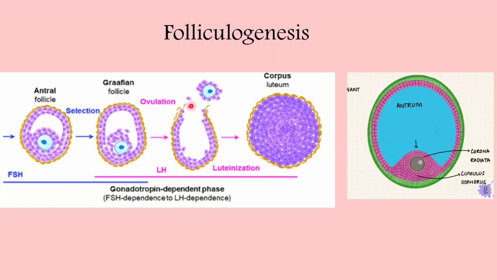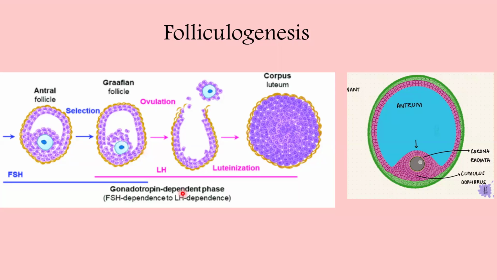It will break down the walls of this follicle, and it will allow the expulsion of the oocyte outside of the ovary and into the fallopian tubes. Okay, so the LH surge does these two things. It loosens up the corona radiata, so the oocyte and the corona radiata are swimming freely within the antrum, and it's going to break down the follicular wall and allow the expulsion of the oocyte into the fallopian tubes.